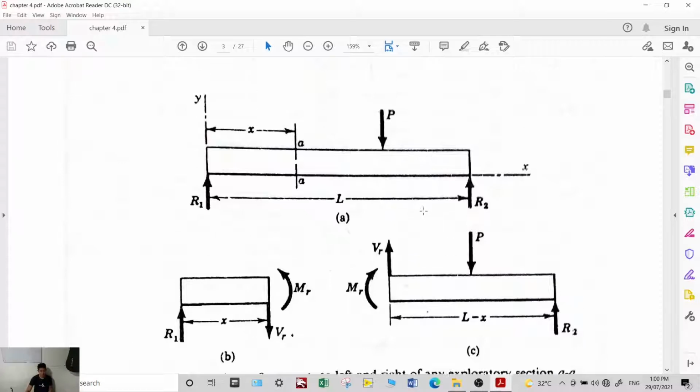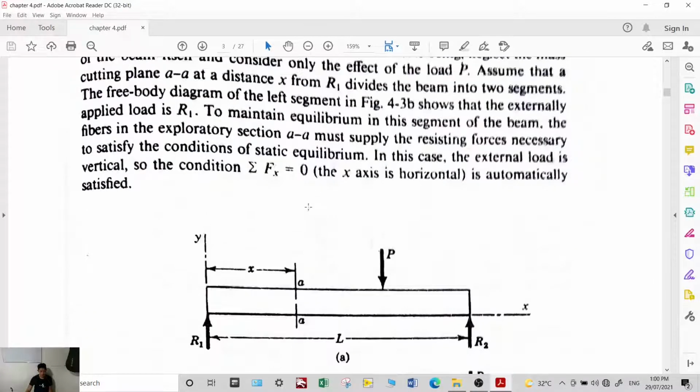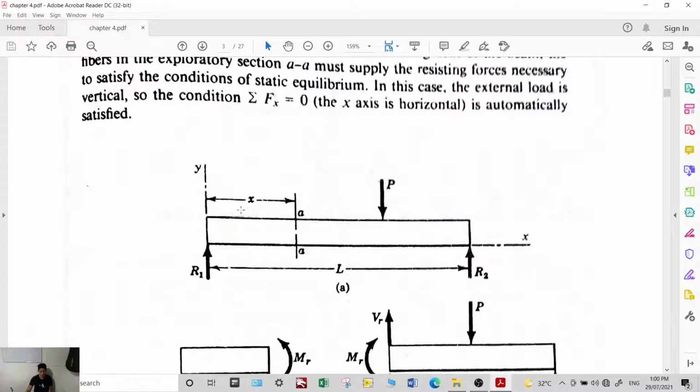The purpose is to determine the shear force and bending moment at every point of the beam. So how do we get them?